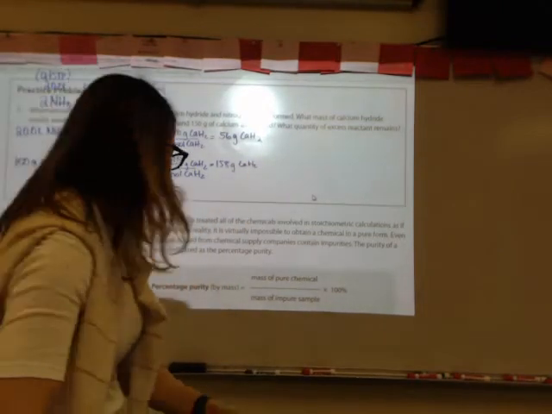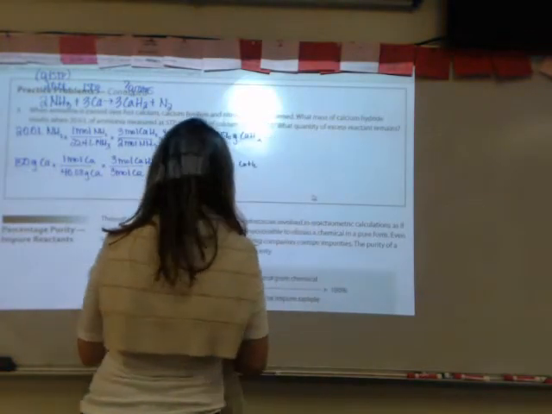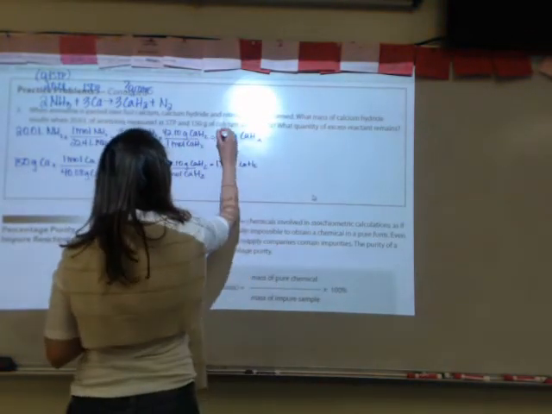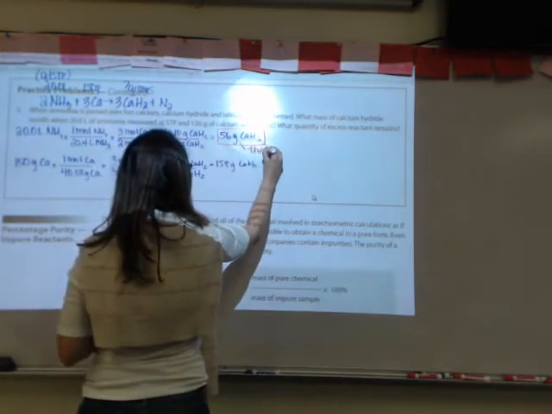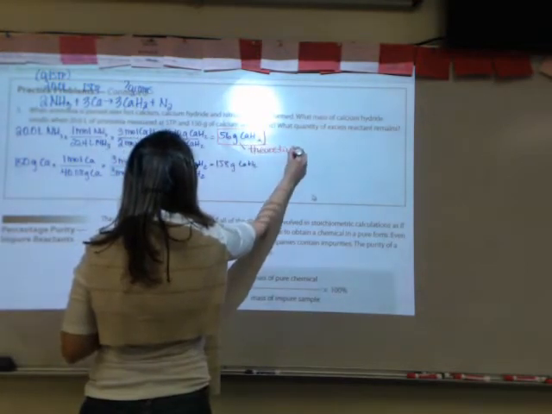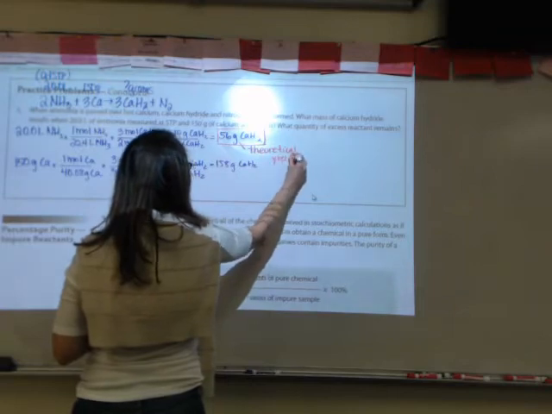So what does this mean? Remember, we're looking for the least amount of product produced, which in this case is 56 grams. So this is called the theoretical yield. This is how much you should make.